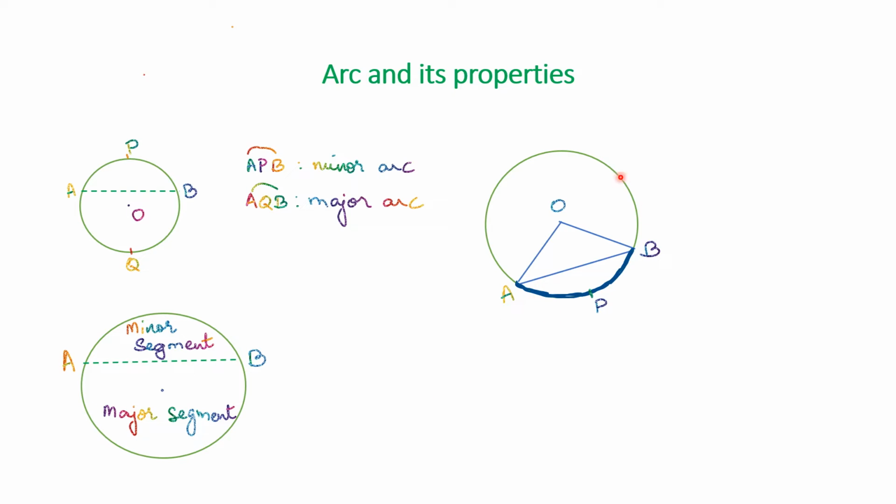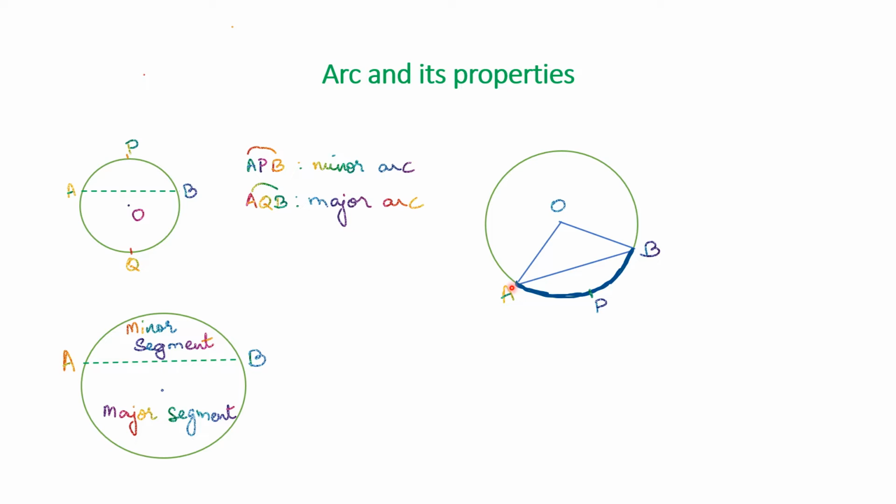I have a circle with center O and two points A and B. If I join the two points A and B along the circumference of the circle, I am getting an arc APB.